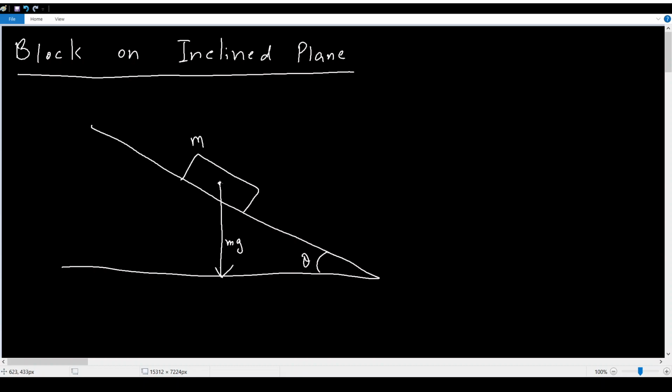Then there's the normal force, which is perpendicular to the direction of the surface of the plane. Let's call it n for normal force. There's the force due to friction, which is backward, which we will label small f. So these are the forces on the block.